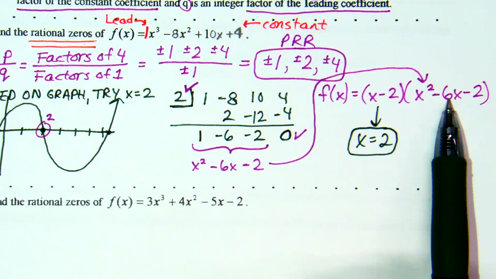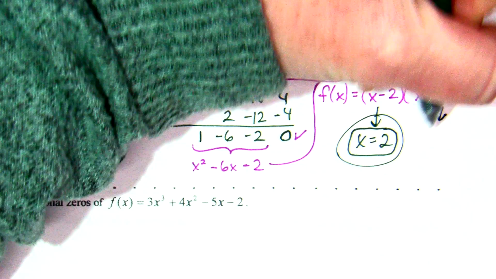Well, I can't get a product of -2 and a sum of -6. Since this does not factor, these are going to be irrational roots. So the only rational root in this problem is x equals 2. I'm going to write myself a note here.